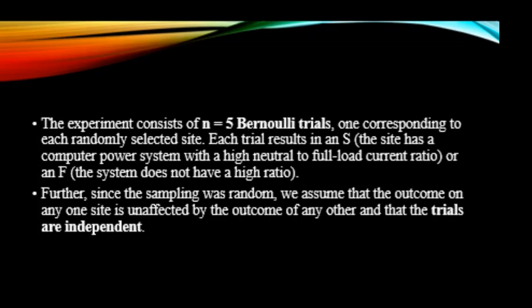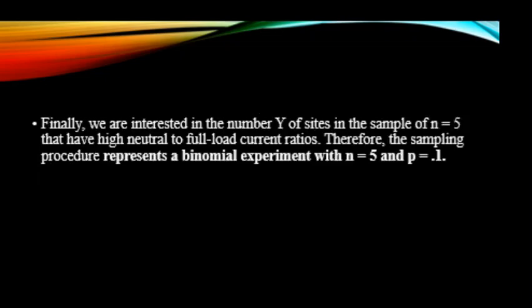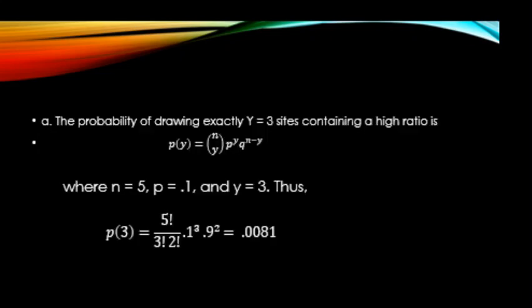Each is independent of the others, so the outcome of one doesn't impact the outcome of the next trial. Now we have 5 such trials, so this is a binomial experiment with n equals 5, and probability of success is 10%, because 10% of systems have high neutral to full current ratio. So p is 0.1. Now we need to find the probability that exactly 3 sites have high ratio.